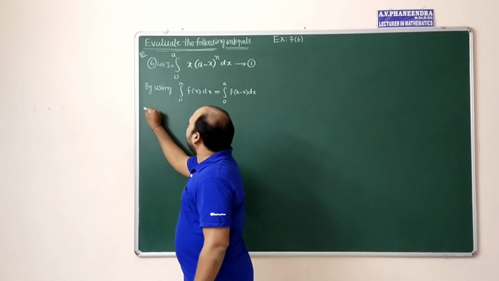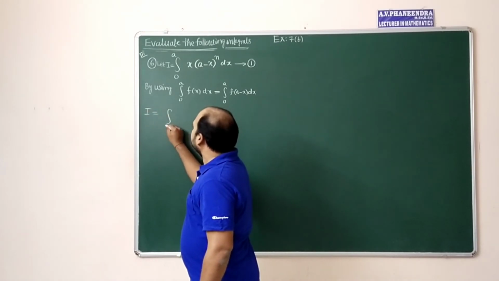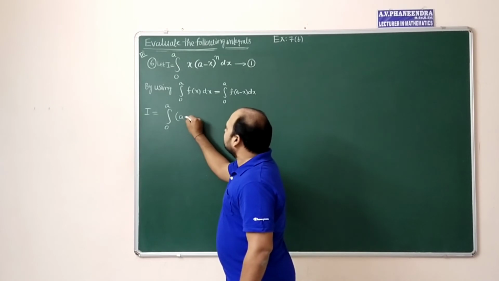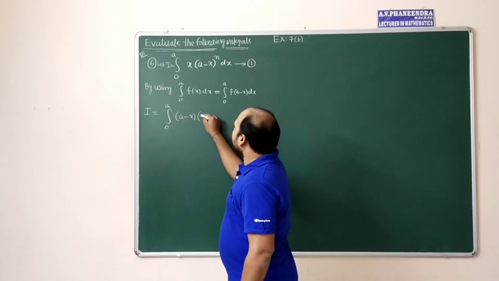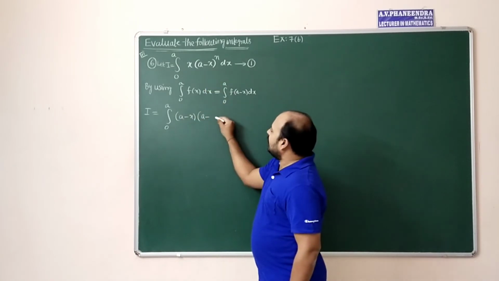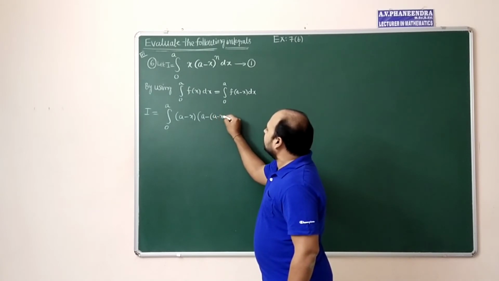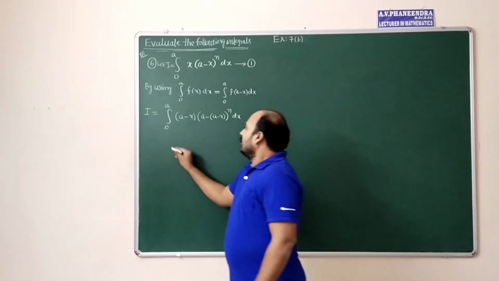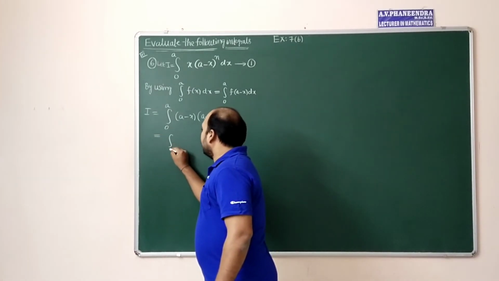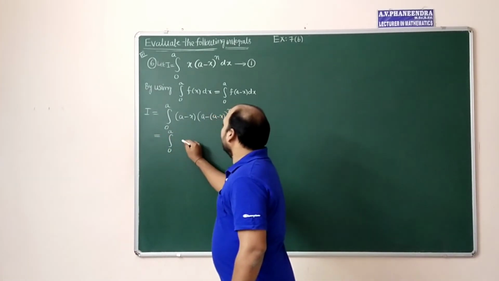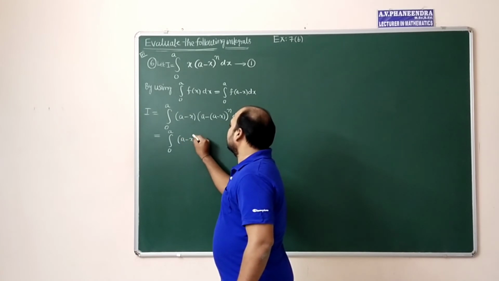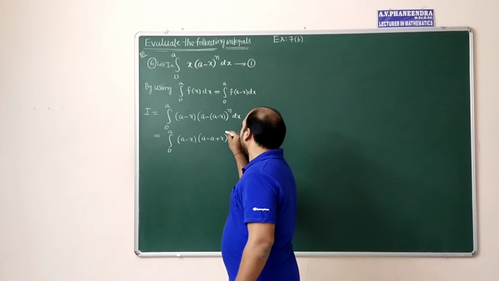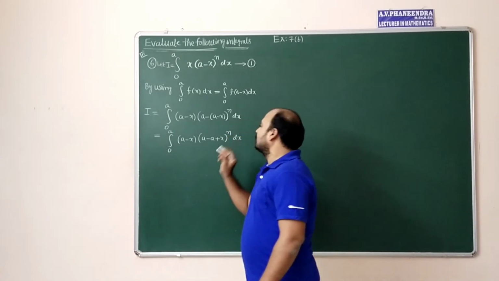So now I becomes I is equal to integral 0 to a, in place of x, a minus x, into a minus, in place of x, a minus x, in bracket, whole power n into dx, which is equal to integral 0 to a of a minus x into a minus a plus x whole power n into dx.